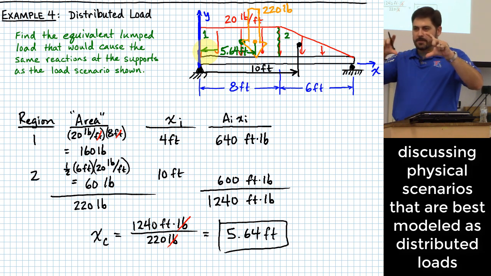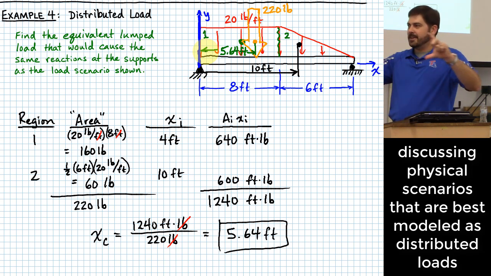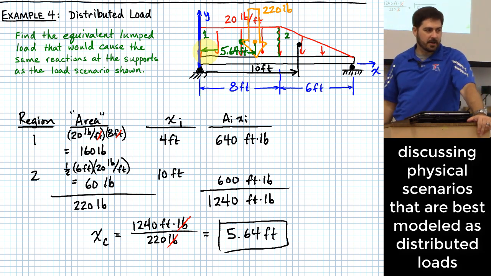Just a uniform distributed load, one value across the whole thing. If it's got uniform cross-sectional area and uniform density, it'll just be a uniform distributed load across the entire length of the piece. Okay? So that's the most obvious one.